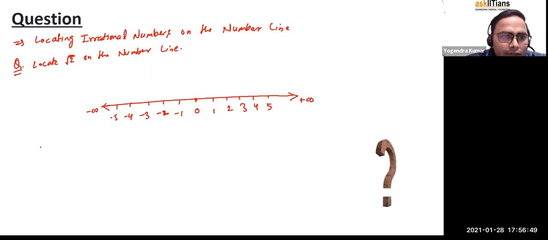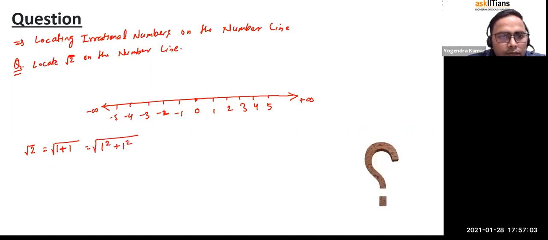So can I write root 2 as 1 plus 1, that is 1 square plus 1 square. Now if you look at it, it looks like the Pythagoras equation.